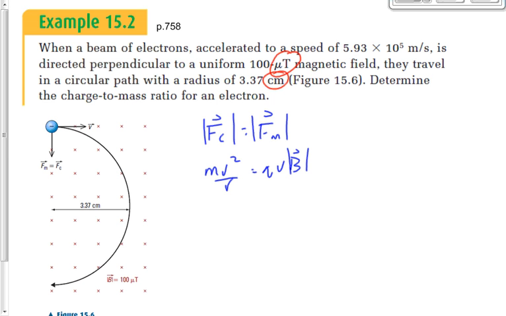Right, we know this because it's going in a circle. We know this because there's just a magnetic field. One of the v's cancels. I get mv over r equals q times b. And I got to rearrange to solve for q over m. So let's take the m down by dividing. Let's take the b down by dividing. It becomes q over m equals v over b times r.